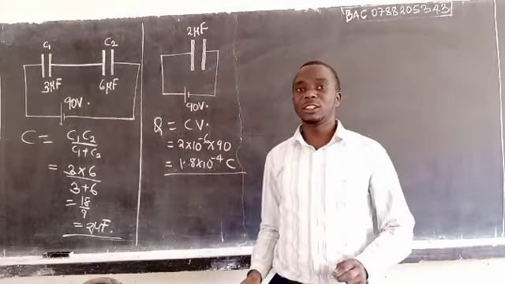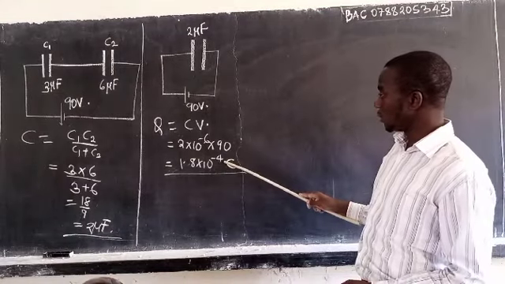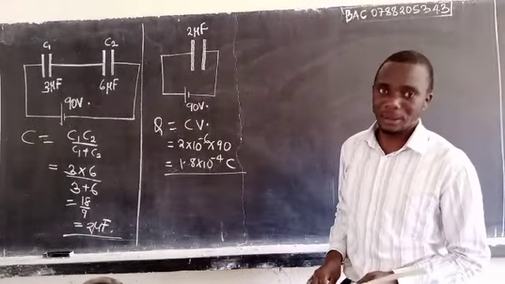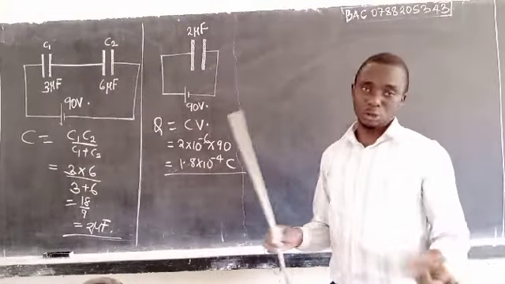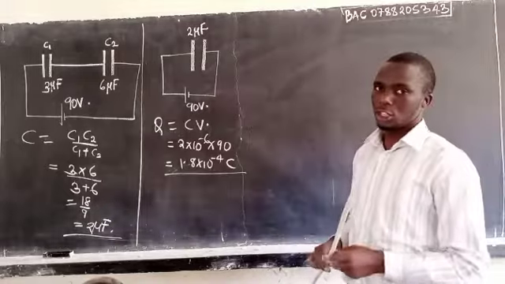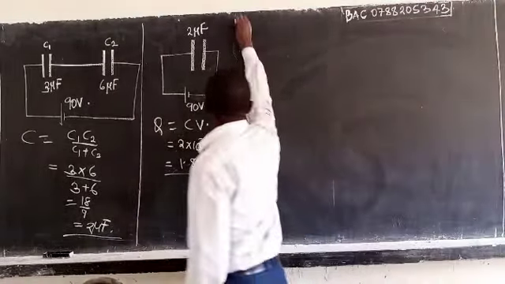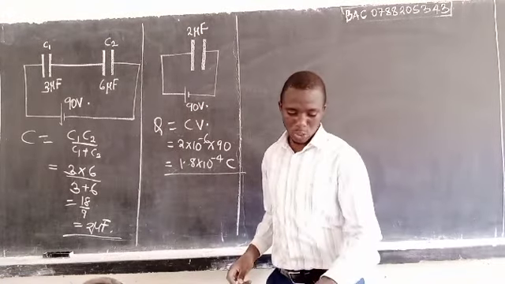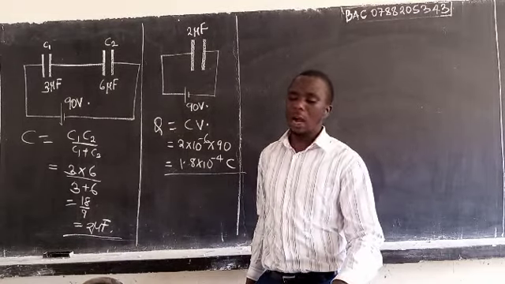Since they are the only ones in the circuit and the total charge is that, each of them stores the same amount of charge. We are presented with another question: the charge on each and the PD across each.